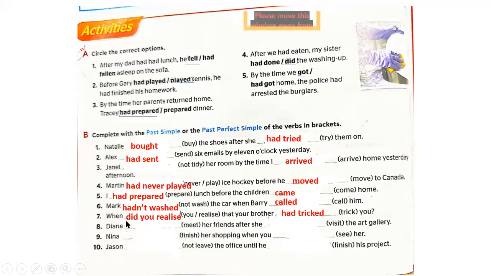Now I want you, your brother had tricked is action number 1. Guys, wait, you want to answer without understanding. Again, he tricked you first, so that's action number 1. After that you realized. So tricked will be in past perfect because it's action number 1, and then realized will be action number 2, in past simple.